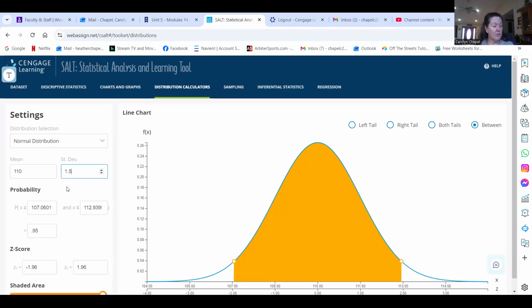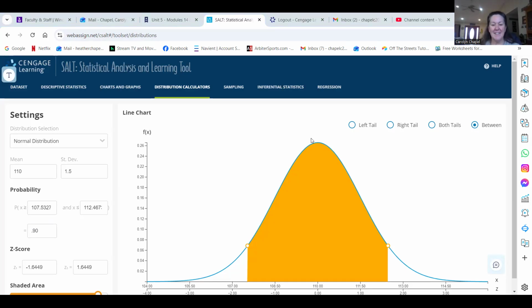Make sure you do that dividing by the square root of n, because otherwise your interval is going to be way too large. We wanted a 90% confidence level, so we have to change the 95% to 90%. And we get a lower bound of 107.5327 and an upper bound of 112.467.